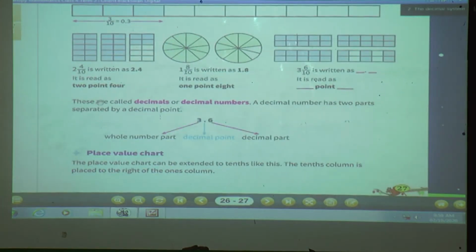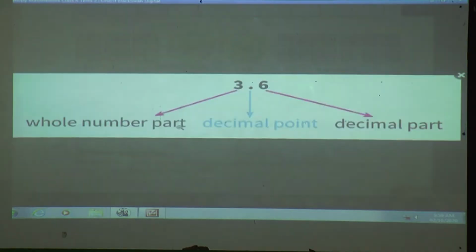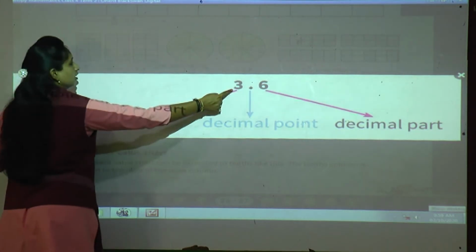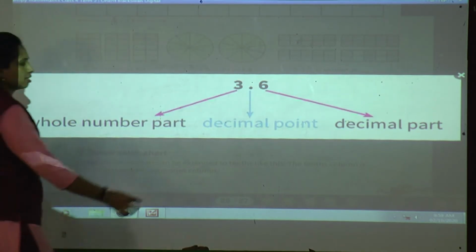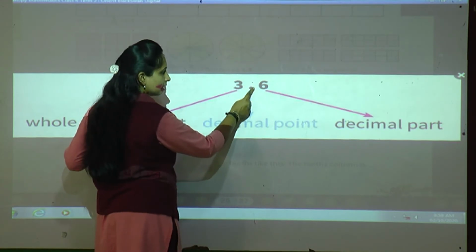Now look at here. These are called decimals or decimal numbers. A decimal number has 2 parts separated by the decimal point. Now you can see, for example, 3.6. This is the whole number part and this is the decimal point.